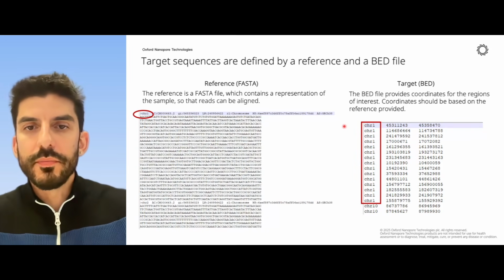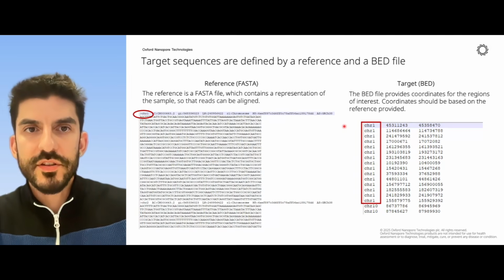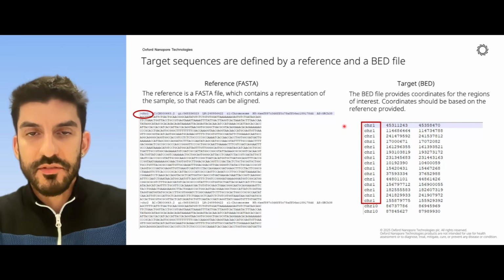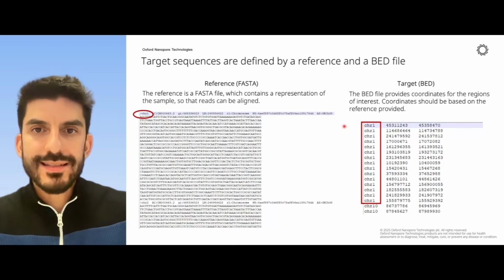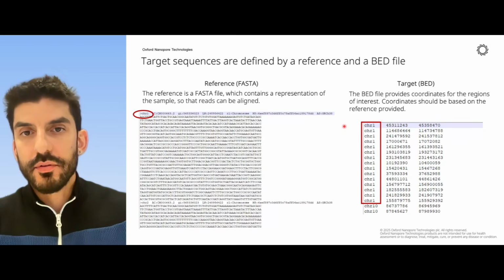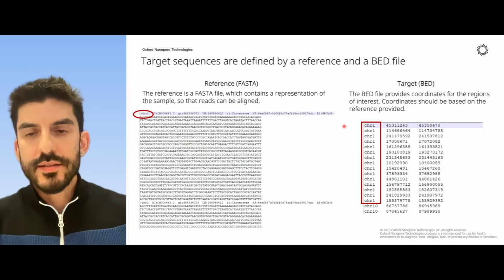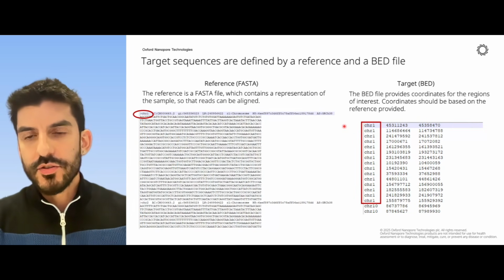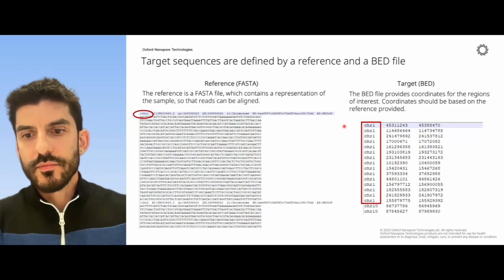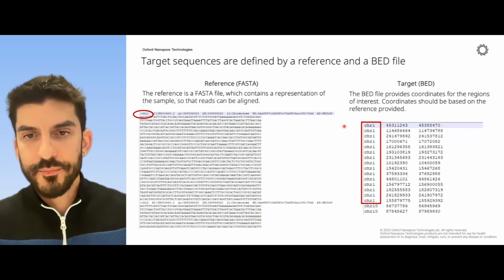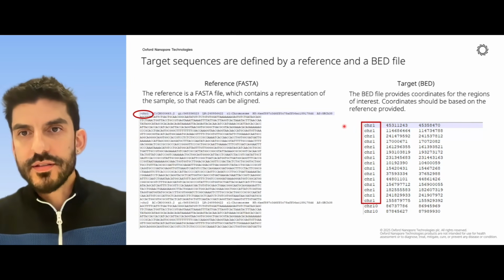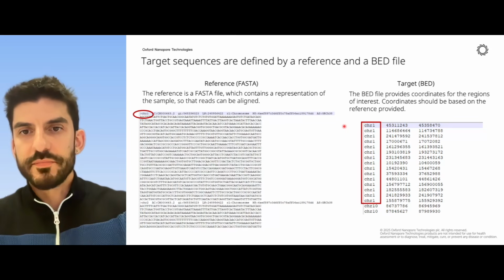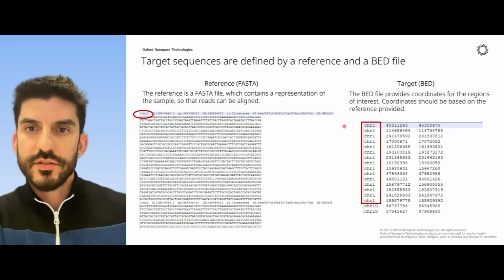So you might already be familiar with reference files, in particular FASTA format, where you have a description of your complete sequence of the sample that we're providing. And this sequence will describe every single strand and base that you may find in your sample. The other side of this is the bed file, in which we specify out of this reference what are the regions that we want to target.